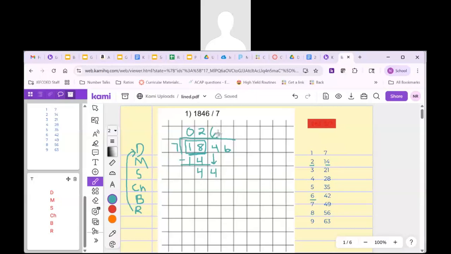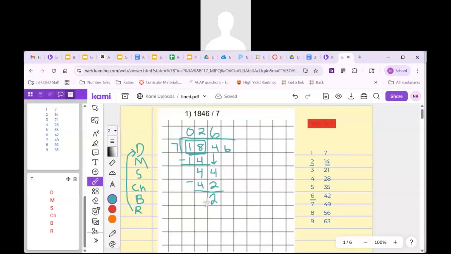Then you do boom, boom, boom. 6 times 7 is 42, and you're down here. We're going to make that 4 again. 42. Okay, and then the next thing you do is what? Look at your steps. That was multiply, so we are at subtract. 44 minus 42 is 2.